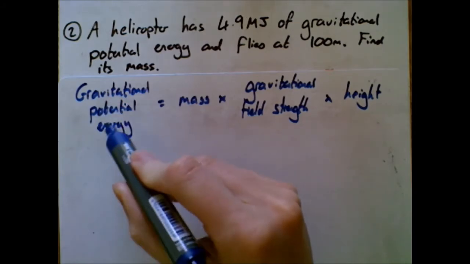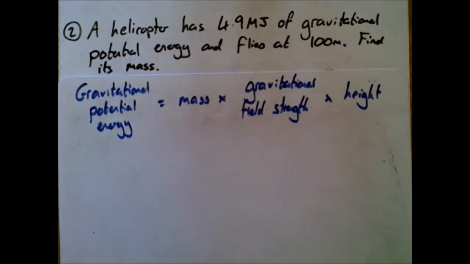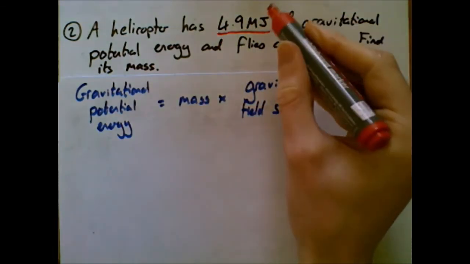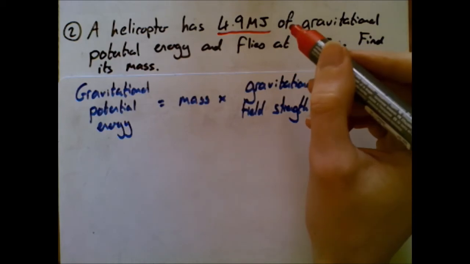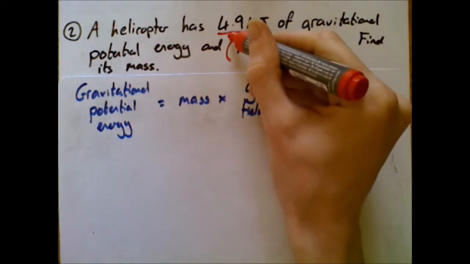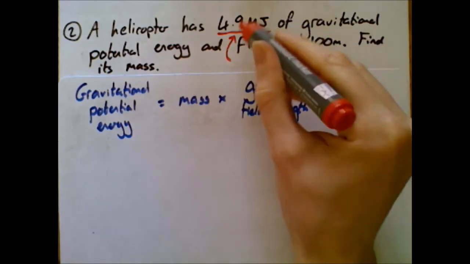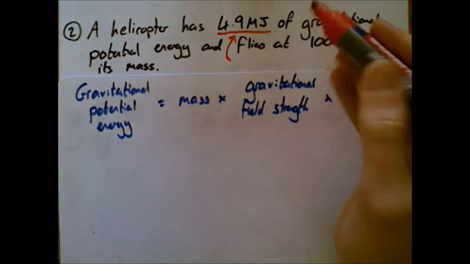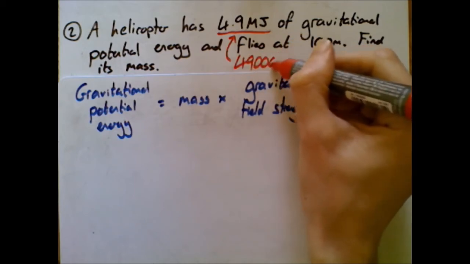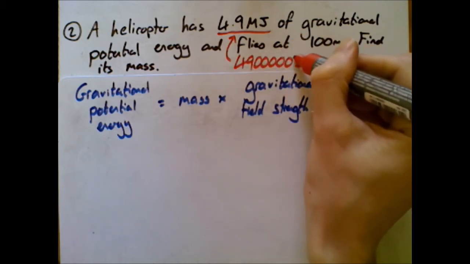So gravitational potential energy, we do know, look, it's up here, but we have got to be careful. 4.9, the capital M there stands for mega. So 4.9 megajoules. Mega, if you remember, means multiplied by a million. So that is 4,900,000 joules.